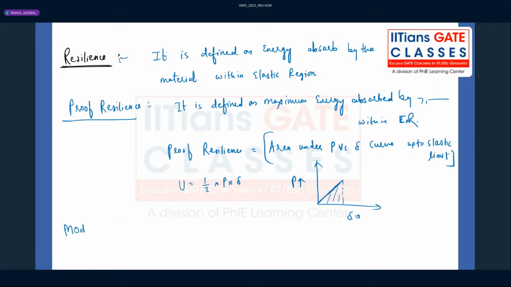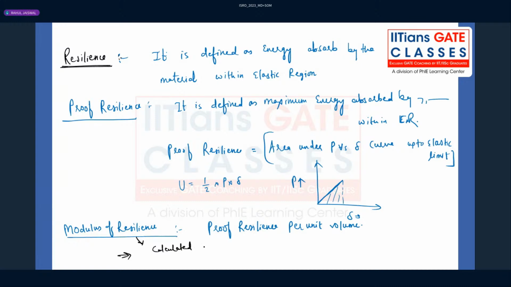Sometimes we also say modulus of resilience. It is nothing but proof resilience per unit volume, and it can be calculated from the area under the stress strain diagram up to the elastic limit.